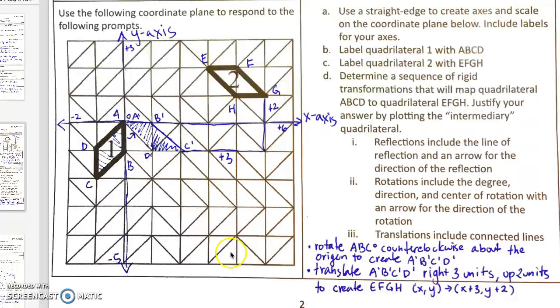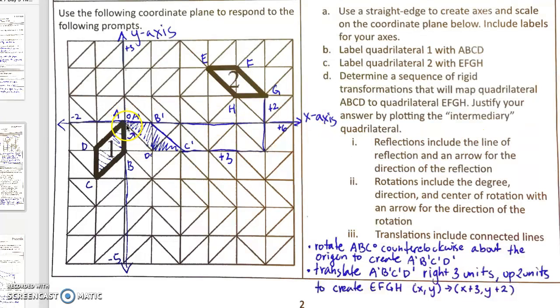And next, we're going to determine a sequence of rigid transformations that will map quadrilateral A, B, C, D to quadrilateral EFGH, and we're going to justify our answer by plotting the intermediary quadrilateral. What I mean by intermediary quadrilateral is the quadrilateral that's going to be in between A, B, C, D and EFGH.